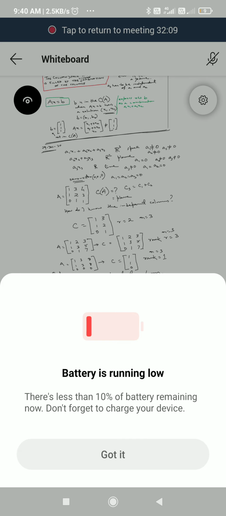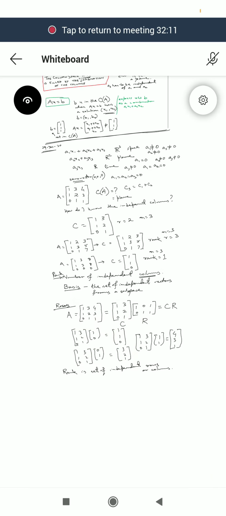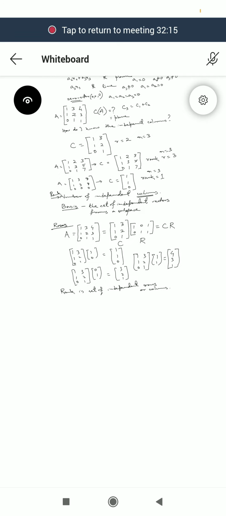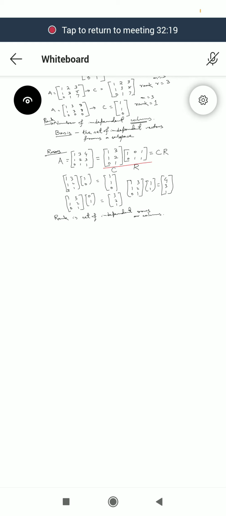Now, does this matrix factorization explain you something? These two, do they explain you something? Regarding C, we have understood. So why at all should R have independent rows?